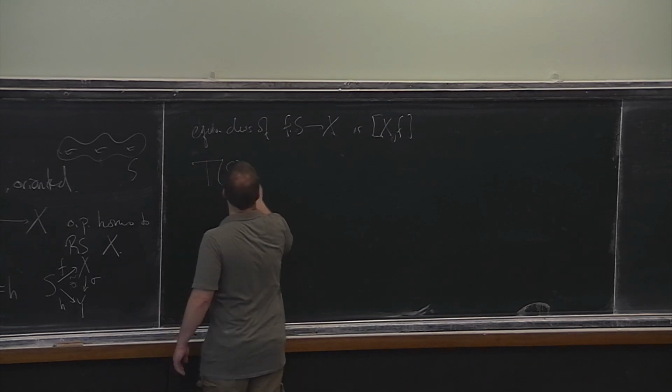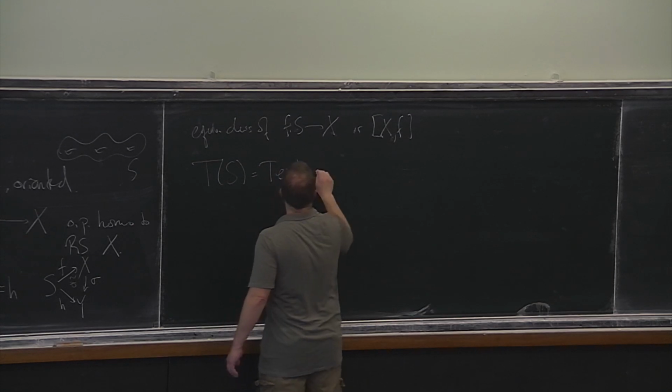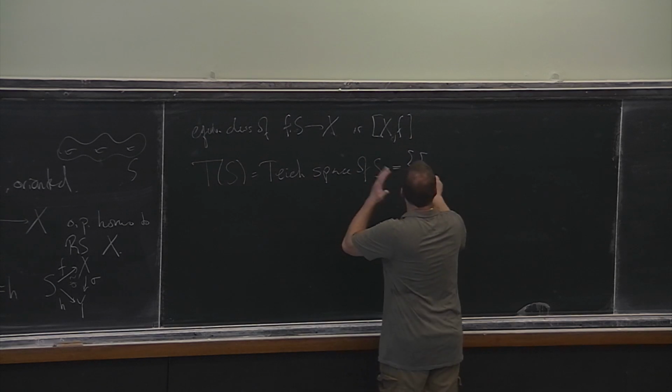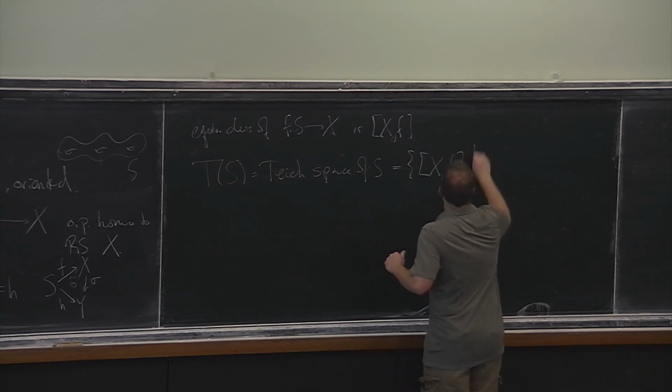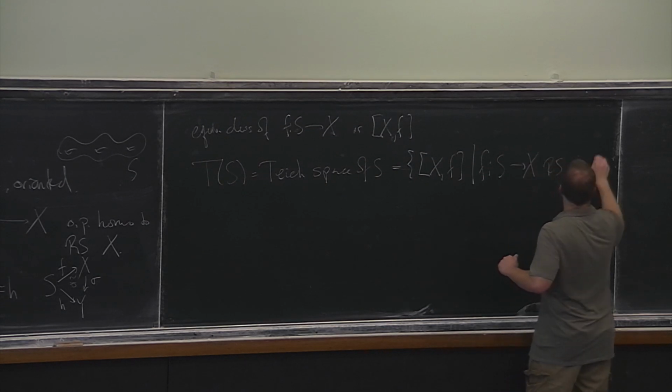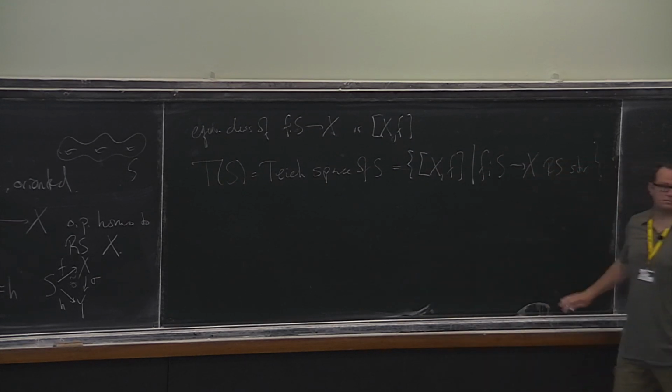Okay, so what is Teichmuller space? As a set, it's the set of equivalence classes of Riemann surface structures.